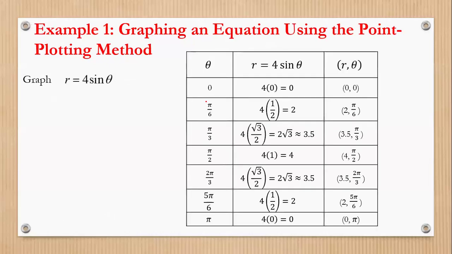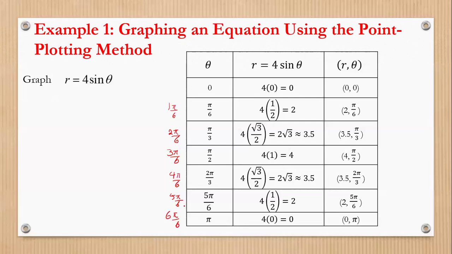As you see in this table, we have all the points from 0 to pi, which are multiples of pi over 6. So 0, 1 pi over 6, next one is 2 pi over 6, which if we simplify gives us pi over 3. 3 pi over 6, if we simplify, we get pi over 2, 4 pi over 6, which is 2 pi over 3, 5 pi over 6, and the last one, 6 pi over 6.